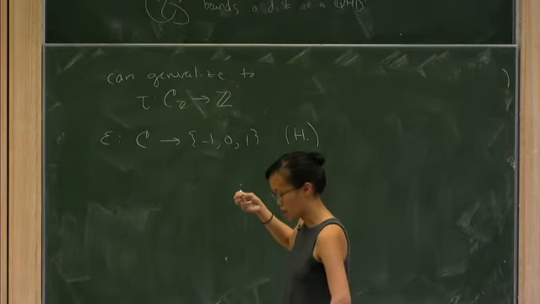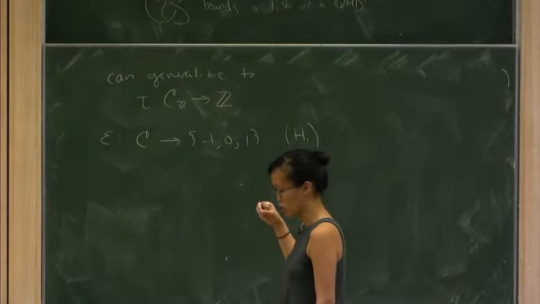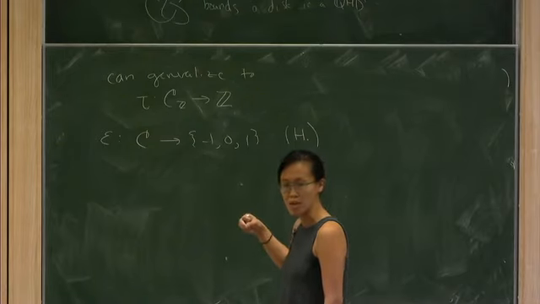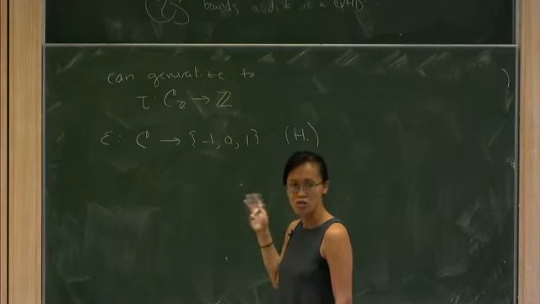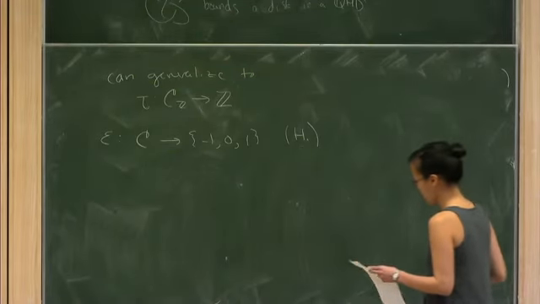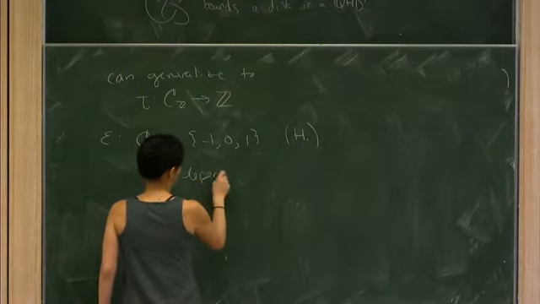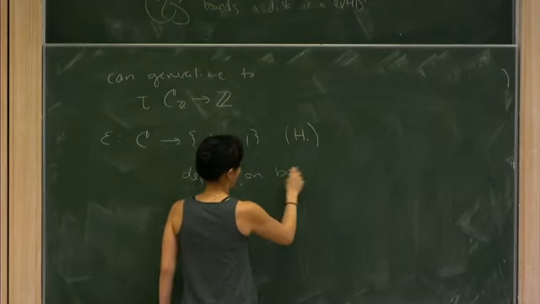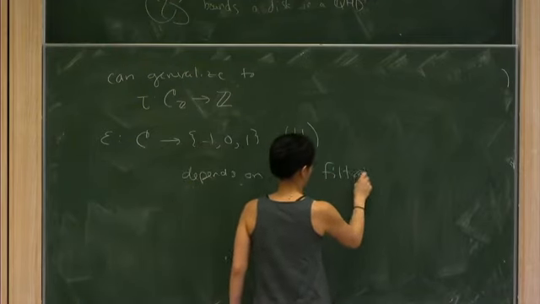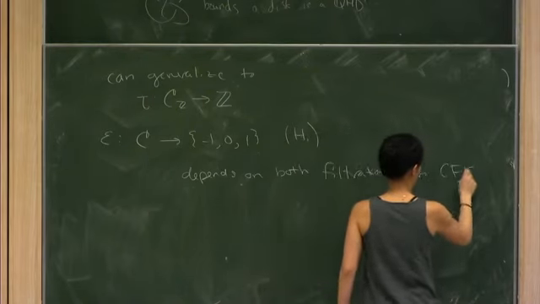Basically, in a chain complex, something could be not in the kernel, in the kernel but not the image, or in the image. And those three possibilities correspond to the three different values of epsilon. Okay. So this depends on both filtrations on CFK infinity.